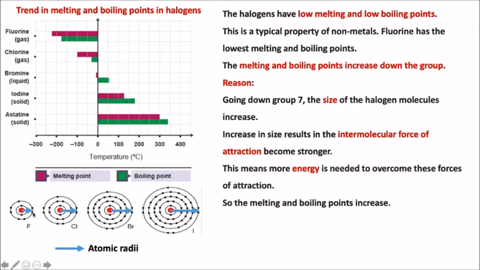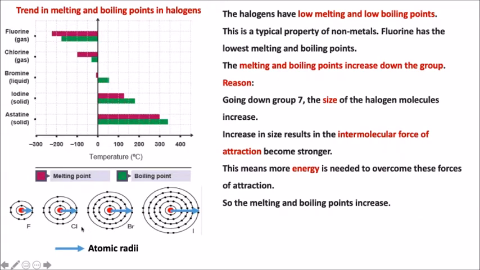Fluorine, you can see, has the smallest size. Look at the size of the arrow from the nucleus to the outer shell. Chlorine is followed by bromine and iodine. So from this electron structure, you realize that the size of the halogens increases as you go down the group. So that's the key thing here.